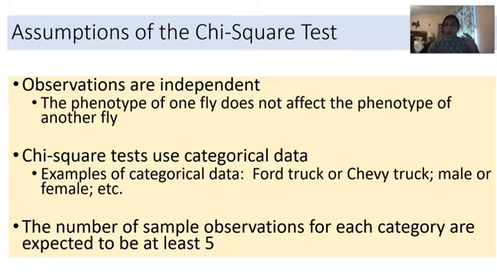So it has to be male versus female, blue versus brown, something very clear that we can observe and categorize as well as follow. And then finally, the number of samples observed in each category is expected to be at least 5.